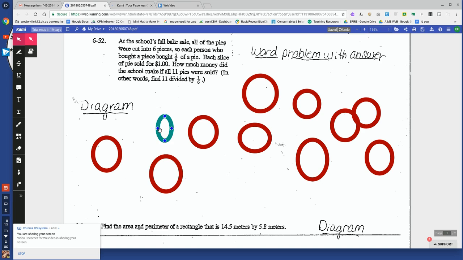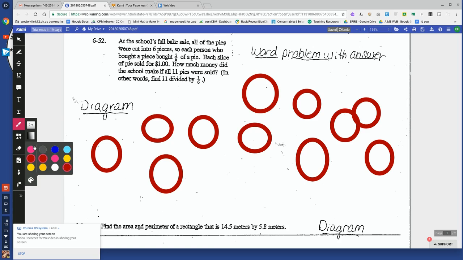And again, I'm cutting them into 6. So I think the easiest thing to do would get my tool here. And I'm only going to show you one because this will take all day. Break them into halves, fourths, and again, as you see, you're not going to get 6s if you're going this way.